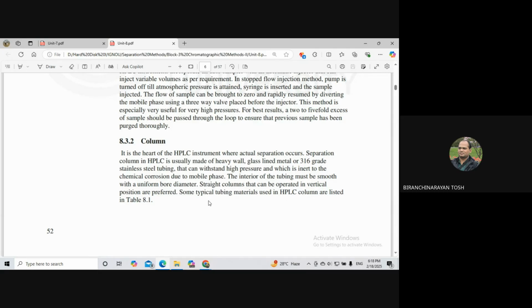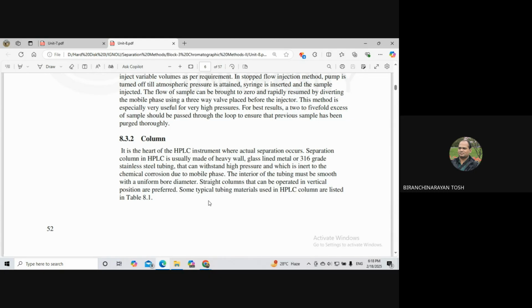The interior of the tubing must be smooth with a uniform bore diameter. Stainless steel columns that can be operated in a vertical position are preferred. Some typical tubing types are also given in the table.